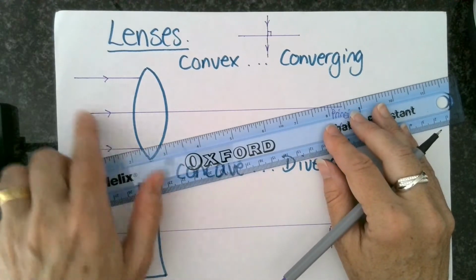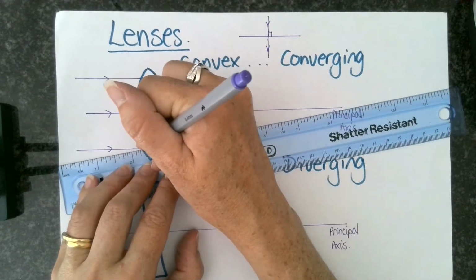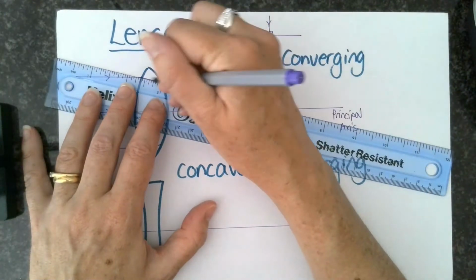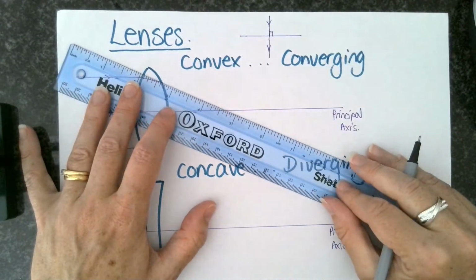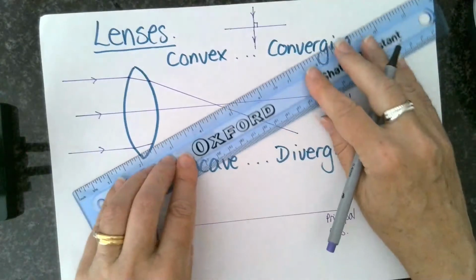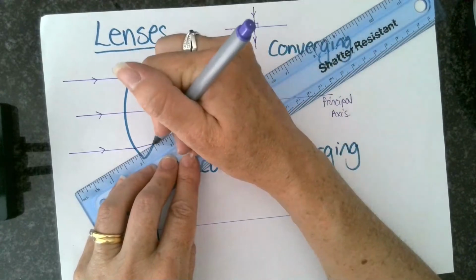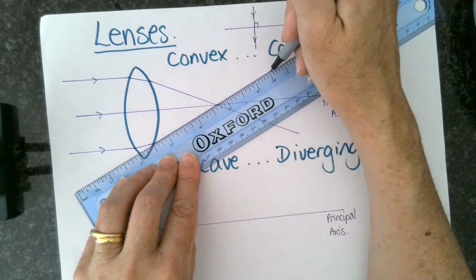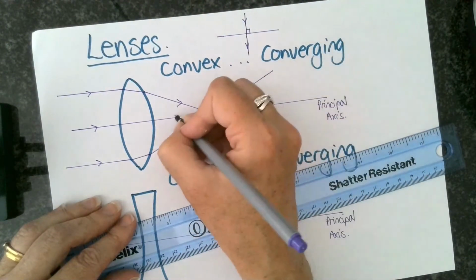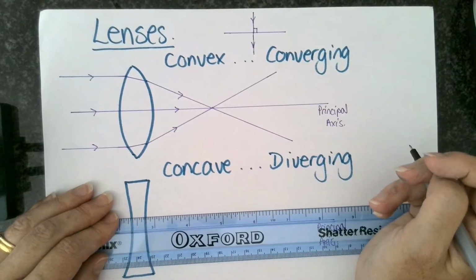So what we've got here, we've got our light coming from a long way away, and the light is refracted as it goes into the lens, refracted again as it comes out of the lens, and focused to a point. Now, when you're drawing ray diagrams, if you were drawing something like this, you might want to show that the refraction had happened twice, but you don't have to, okay?